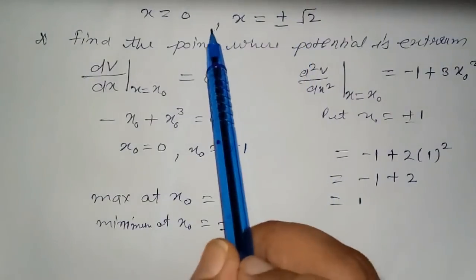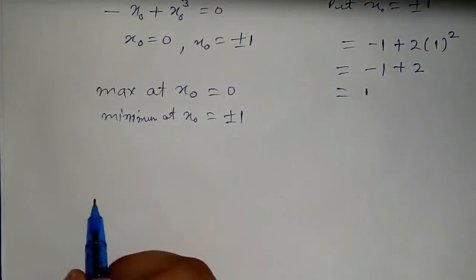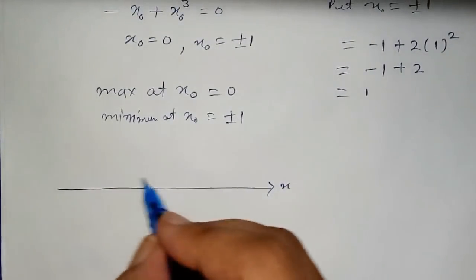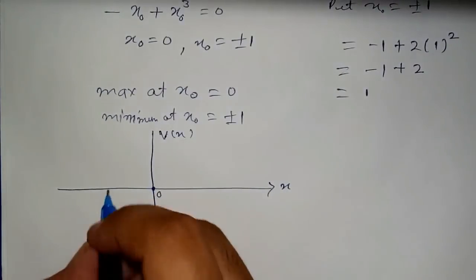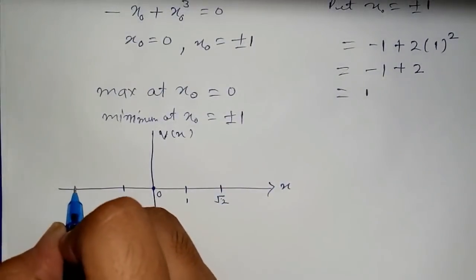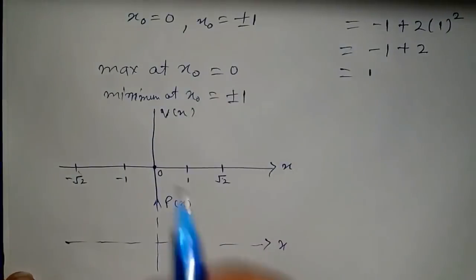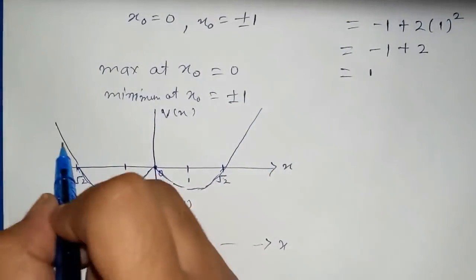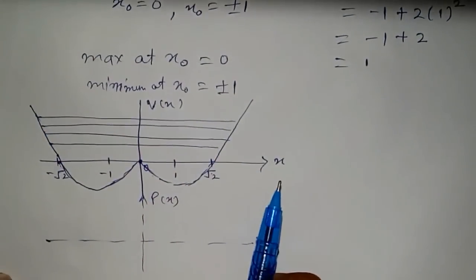Now we draw the trajectory according to this information. The values of the x coordinate are these. We draw the phase space. This is coordinate x and this is potential. We take the points 1 and minus 1, and root 2 and minus root 2. We draw it, and we draw this symmetrical line downward.